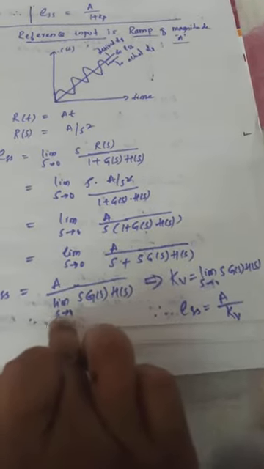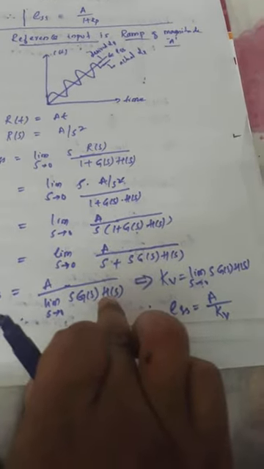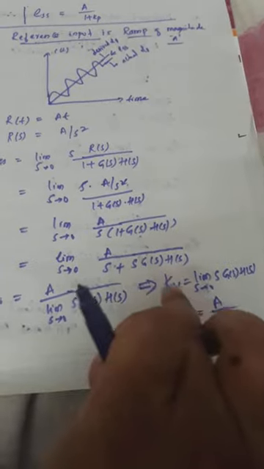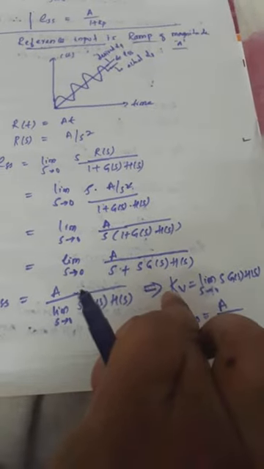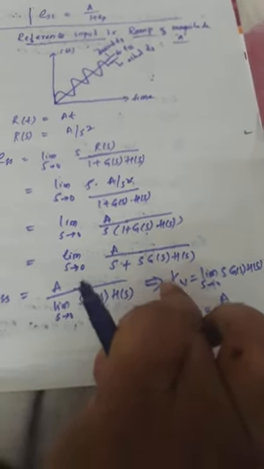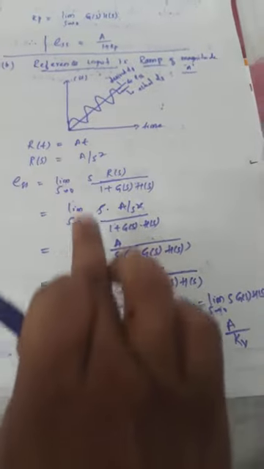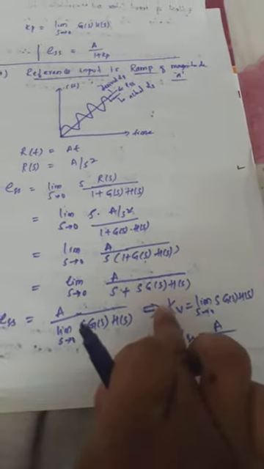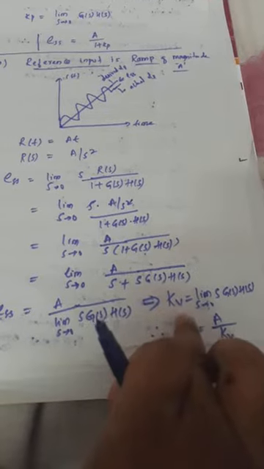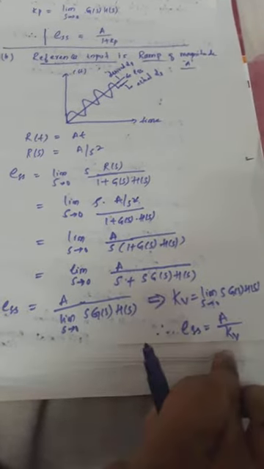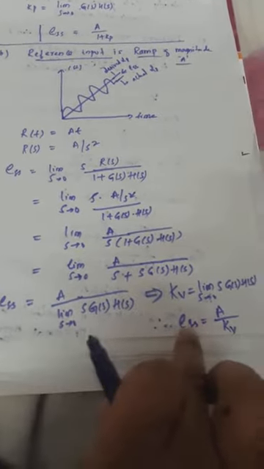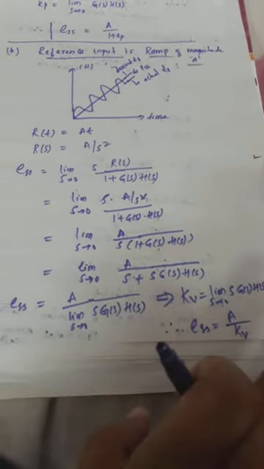This limit is replaced by Kv, the velocity error coefficient. Kp was the positional error coefficient, and this is the velocity error coefficient Kv. Kv is equal to limit S tends to 0 of S into G of S into H of S. Therefore ESS is equal to A divided by Kv. This is the second one.